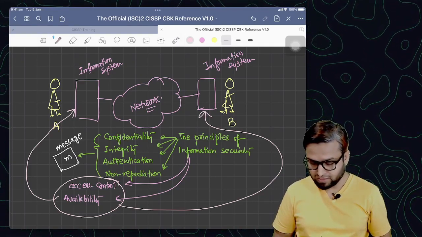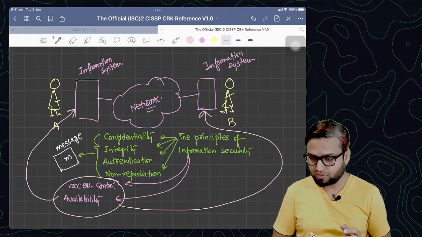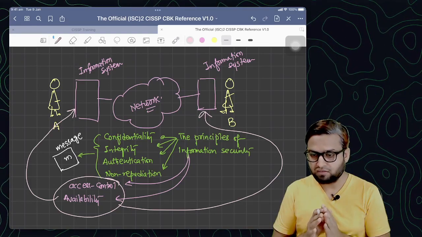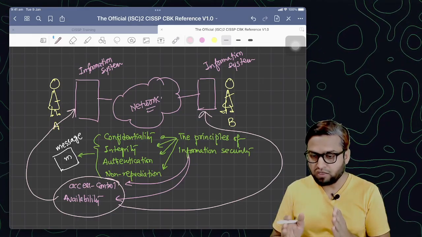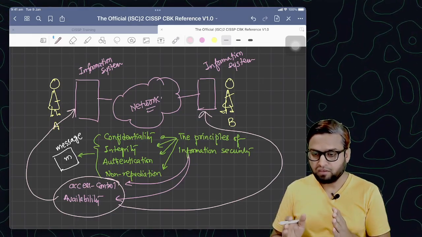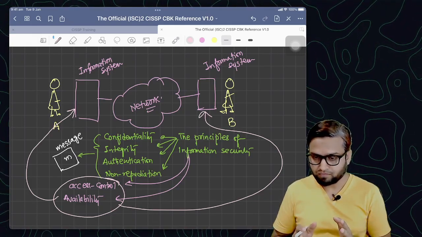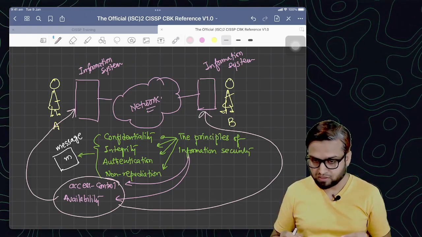What is confidentiality? In simple terms, the secrecy of message M, which is being sent from A to B, is only known to B and A. That's called the principle of confidentiality: only those people should know the message who are meant to know the message, right? Integrity is that the content of the message in transit should not change.